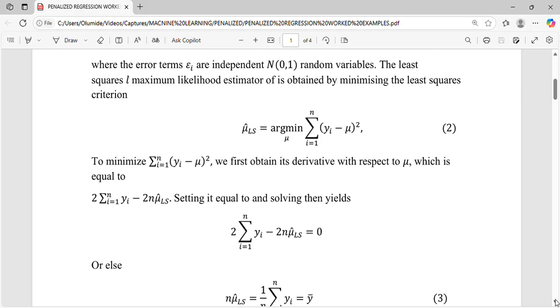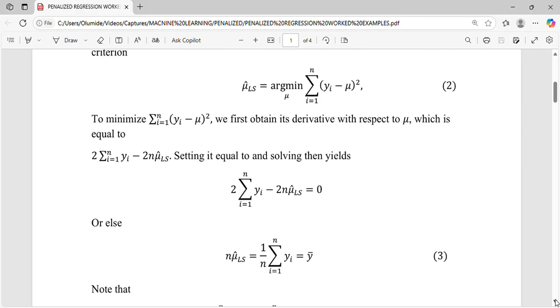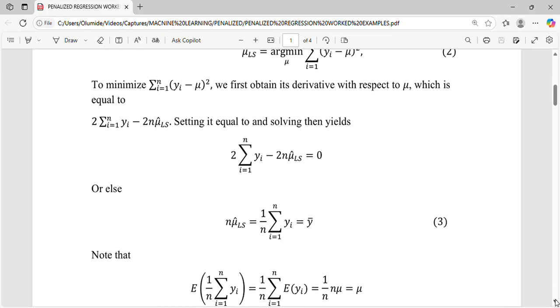After taking some like terms we yield equation 3. The idea of doing this is the bias variance trade-off.